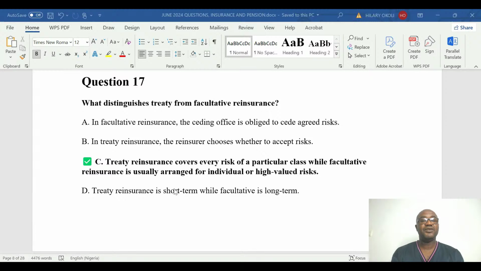So facultative is arranged for individual or higher-valued risks, but under treaty reinsurance, every risk is covered. Having said that, we may wish to stop here.